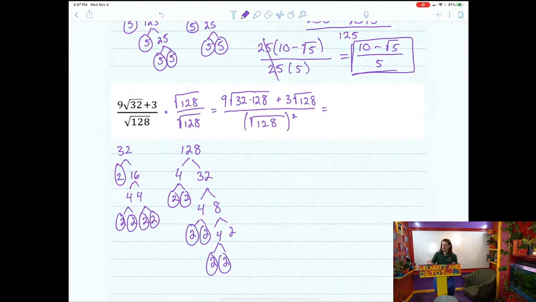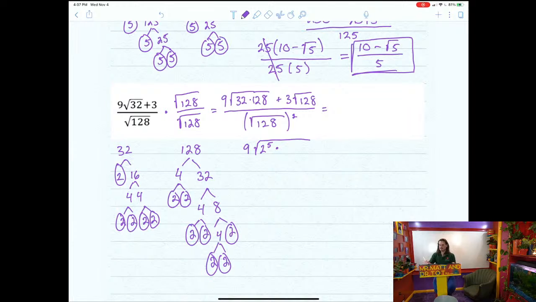So this is the same thing as 9 times the square root. 32 has 5 2's. But instead of writing 2 times 2 times 2 times 2 times 2, I'm going to use our rules of exponents. I'm going to write that as 2 to the 5th power. Now that's multiplied by 128. 128 is just an exponentiation of 2 to the 1, 2, 3, 4, 5, 6, 7th power. 128 is the same thing as 2 to the 7th power.